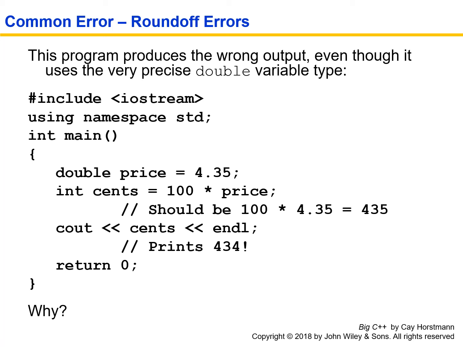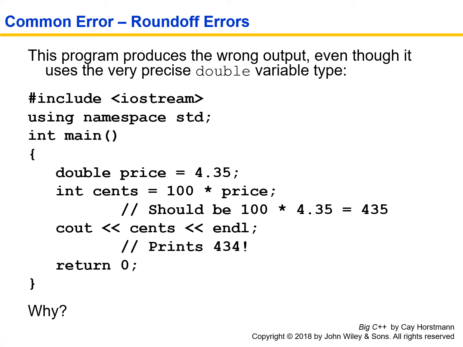let's take 4.35 and multiply it by 100 to find out how many pennies we have. 100 times 4.35 will be 435.